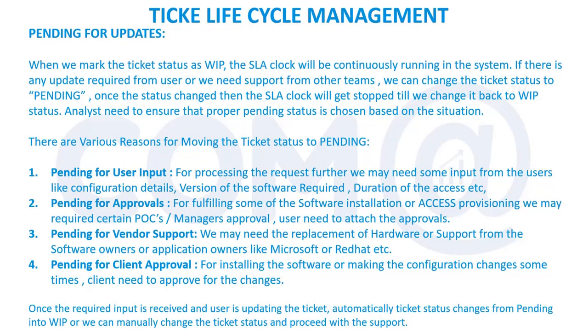Because this is being operated by the vendor, until the vendor comes to the office and provides the support, we will keep the ticket in pending for vendor support. Once the vendor reaches our office, we'll move the status to work in progress and mention that the vendor has arrived and we are working on the issue. We'll get back to you shortly, something like that.